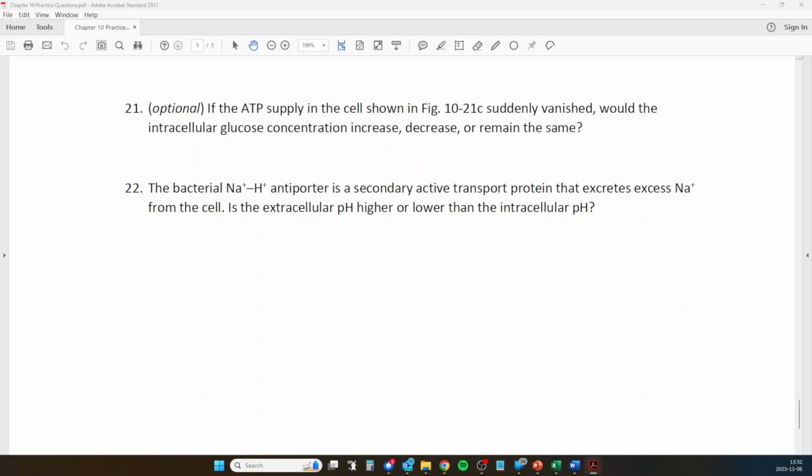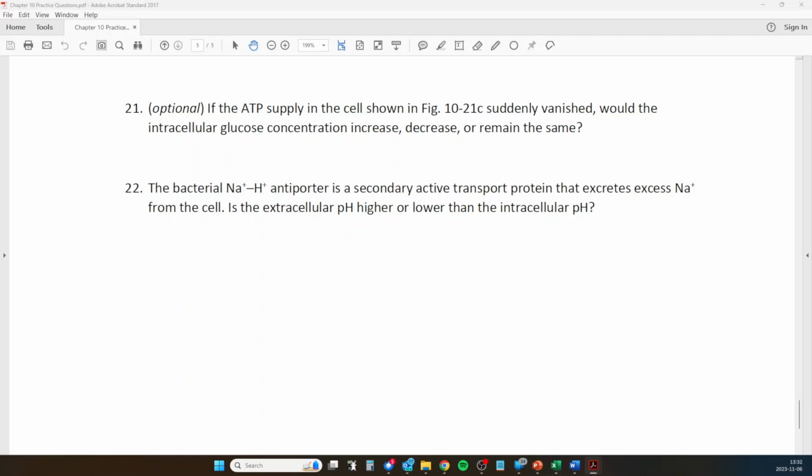So yeah, I guess it's sort of confusing because you don't know if it's overall going to affect it. You can think of it as there's such a huge excess of protons that even when this antiporter is going, it's not going to change the overall proton gradient. Oh, so normally what is basically the gradient? Right, and even as you allow the protons to flow down their gradient, it's not necessarily going to change it.